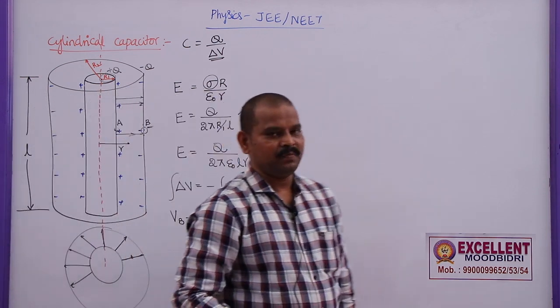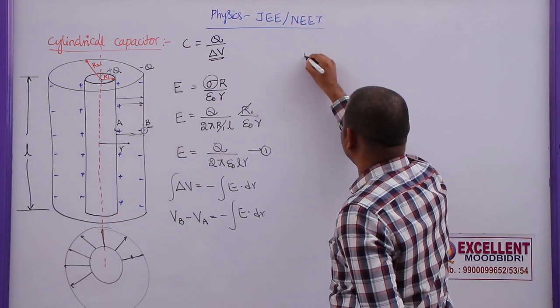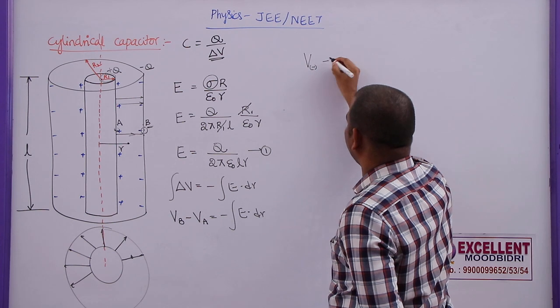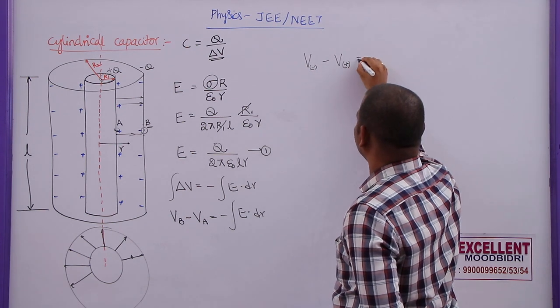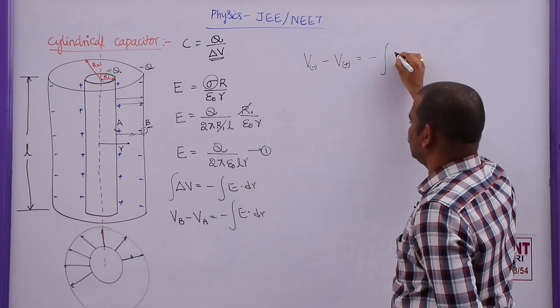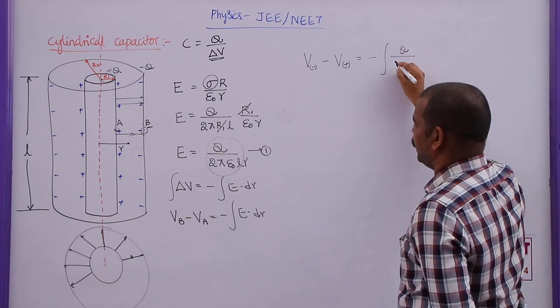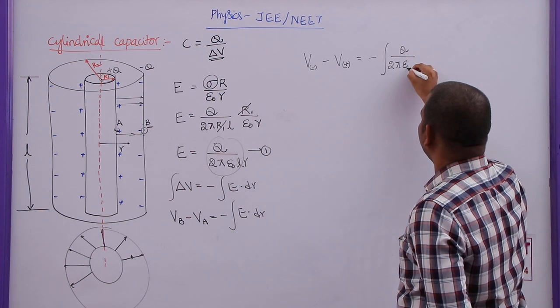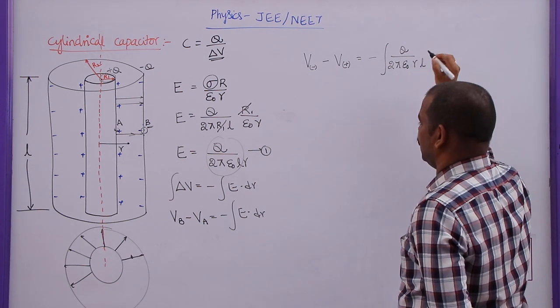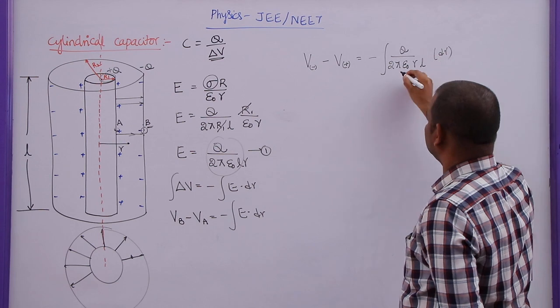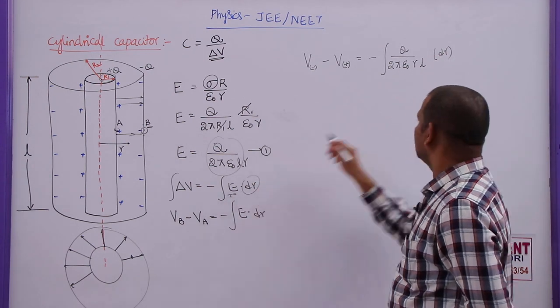So, what is VB minus VA? This is the potential due to negative charge minus potential due to positive charge, which is given by minus integral E, where E is Q by 2 pi epsilon naught r L, into dr. This is E and dr is this one.